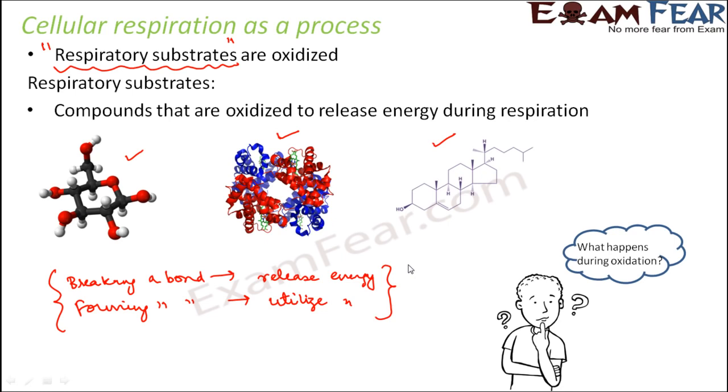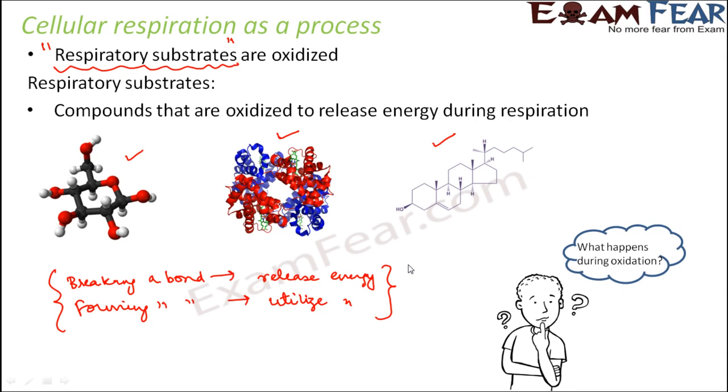Now, this process of bond breaking is not a single step process. It is not that you take a molecule of glucose and oxidize it completely in one step, all the bonds are broken and a lot of energy is released. That is not how it happens. This breaking of bonds takes place over a number of steps. So the process of respiration is a multi-step process. There are reasons why.